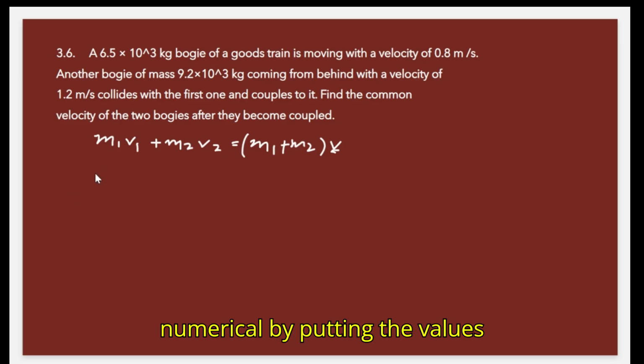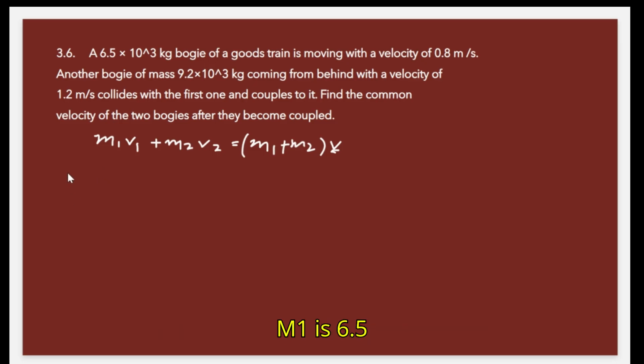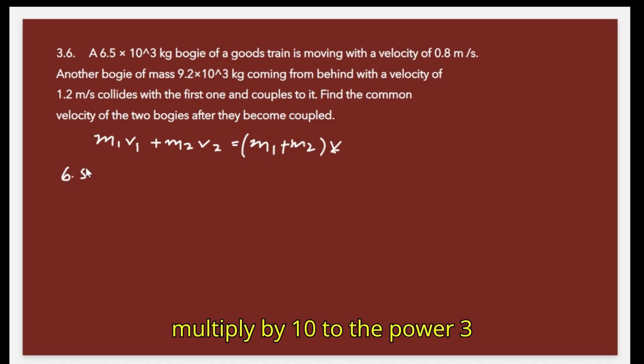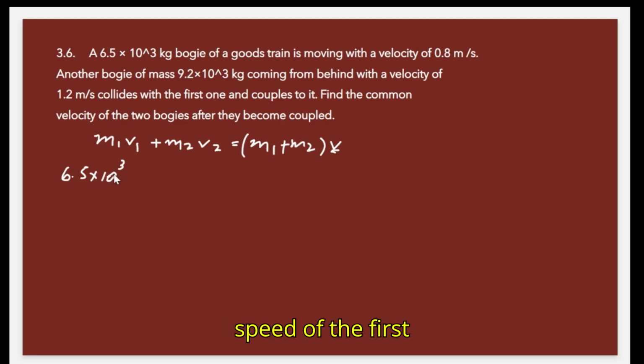Putting the values, m1 is 6.5 multiplied by 10 to the power 3, and v1, that is the velocity of the first bogie, is 0.8.